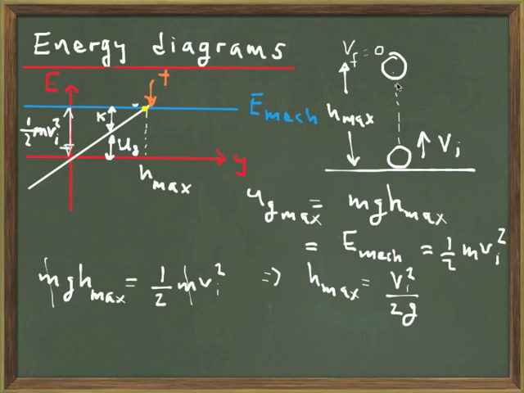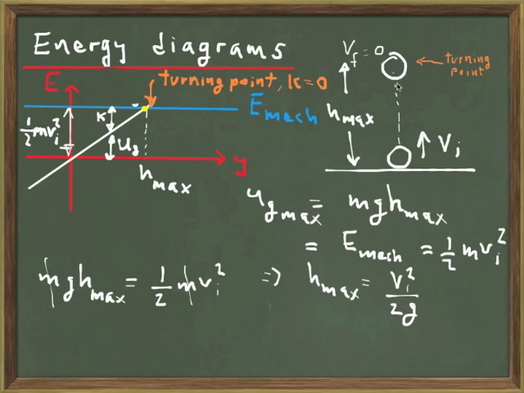Something important to point out about energy diagrams is that at the point where the potential energy meets the total energy, the mechanical energy of the object, at that point your kinetic energy is going to be 0. Those points are called turning points, because if the kinetic energy is 0, the object momentarily stops at that location. The object will be going up, stops, and then it starts to go down.